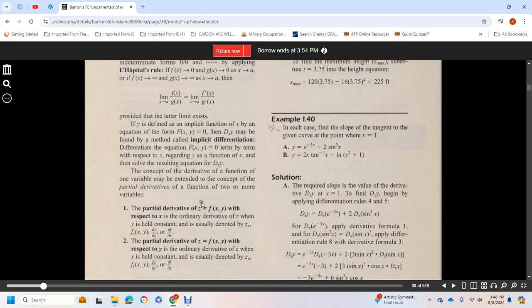The partial derivative of z equals f(x, y) with respect to x is the ordinary derivative of z when y is held constant, denoted z_x, f_x(x, y), dz/dx, or df/dx. The partial derivative of z equals f(x, y) with respect to y is the ordinary derivative of z when x is held constant, usually noted as z_y, f_y(x, y), dz/dy, or df/dy.